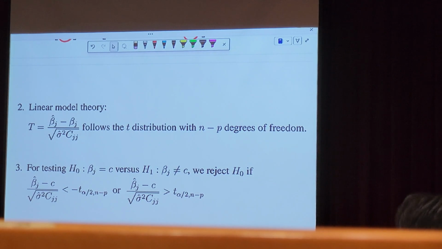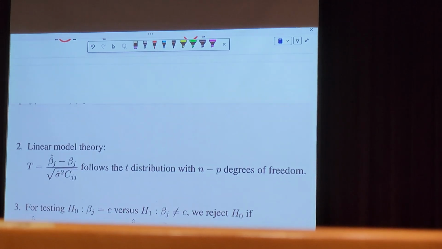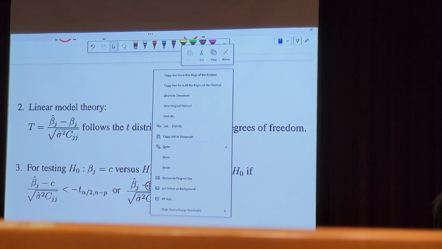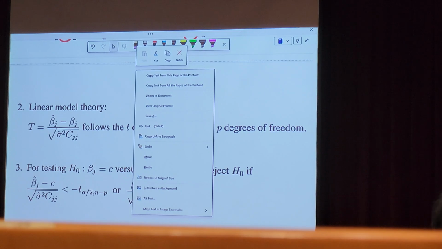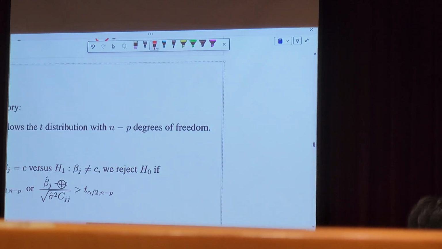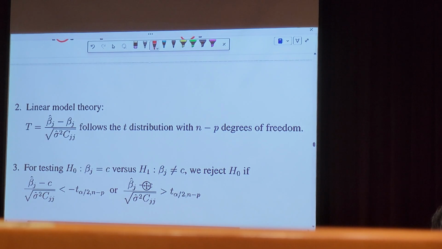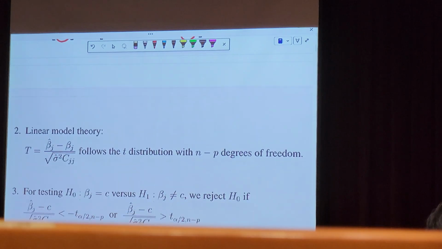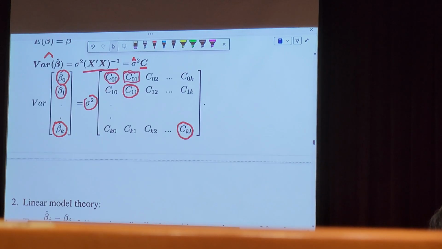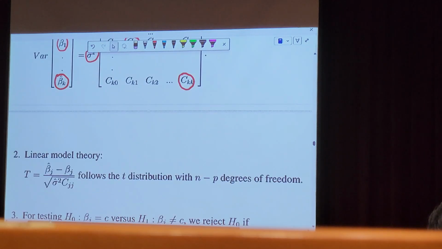So we know that beta j hat minus beta j divided by the standard deviation of beta j hat, which is the square root of sigma square hat Cjj, the variance of beta j hat I've shown you here, follows a t distribution.